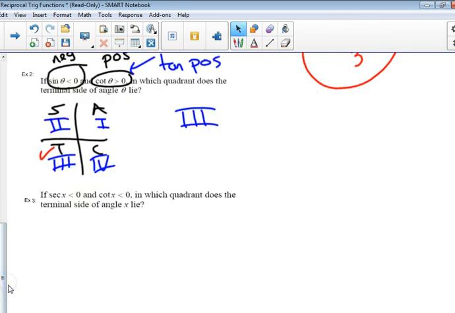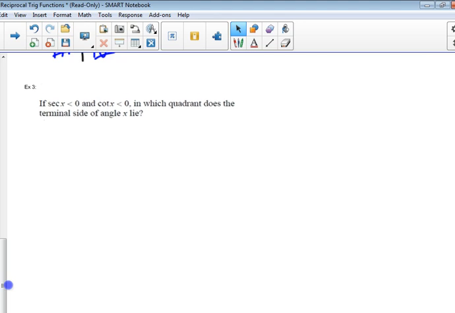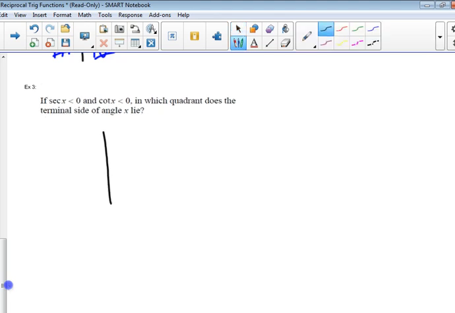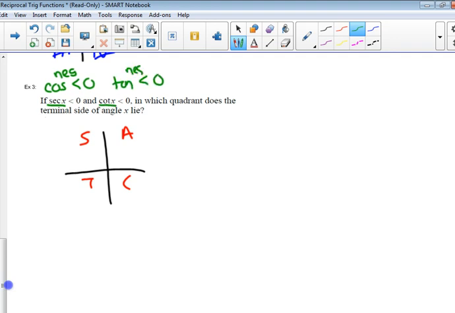Take a second, let's see if you guys can figure out what quadrant we're going to be in for this one. And again, just make sure if it's easier for you, it says secant, think secant goes with cosine. Yep, so cosine is going to be negative, and cotan went with tangent is also going to be negative. So you want to think, what quadrant is that going to work in?